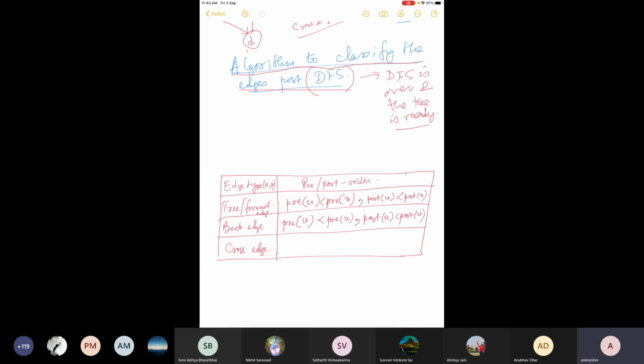What about cross edge? This is the only way to determine the cross edge.